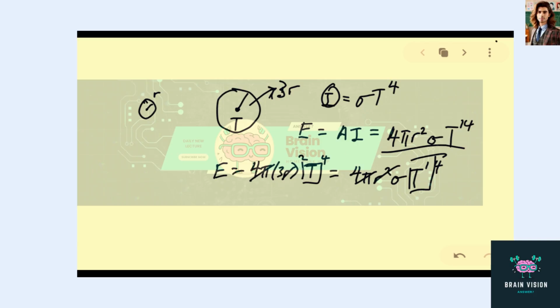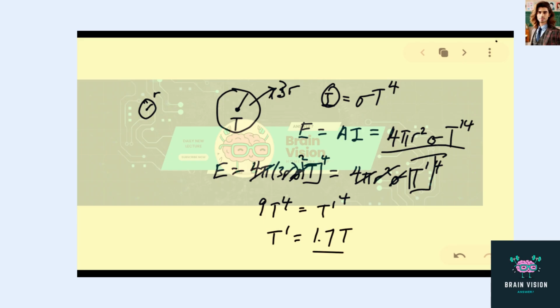We can get rid of the sigma as well. So what we're left with is 9 T to the power of 4 equals T prime to the power of 4. Therefore T prime, we just take 9 to the power of 1/4, and we should get around 1.7 T. So this is the temperature of the hotter star with respect to the temperature of the cooler star.